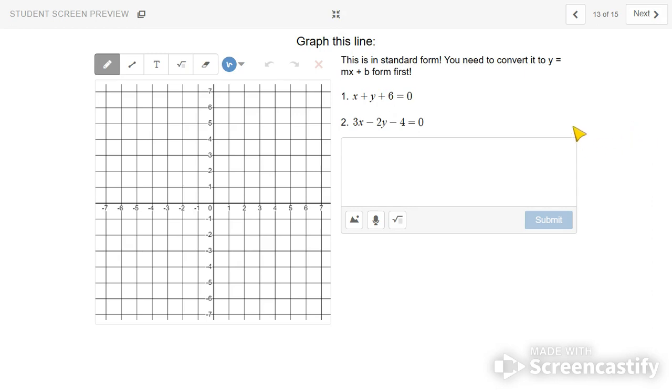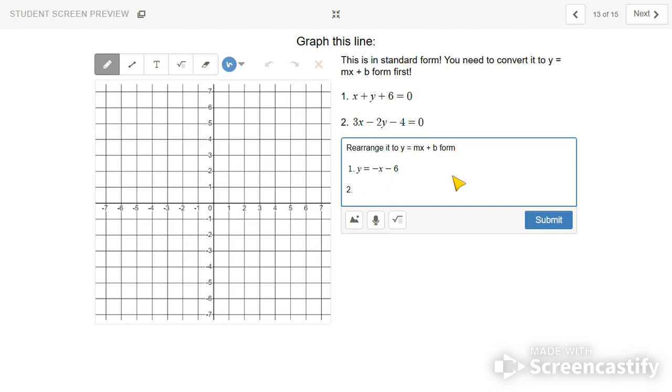Now, sometimes you're given the equation of a line in standard form. We need to first convert it to y = mx + b before we're able to use the slope y-intercept. So let's rearrange this equation. So our first equation, we have y = -x - 6.